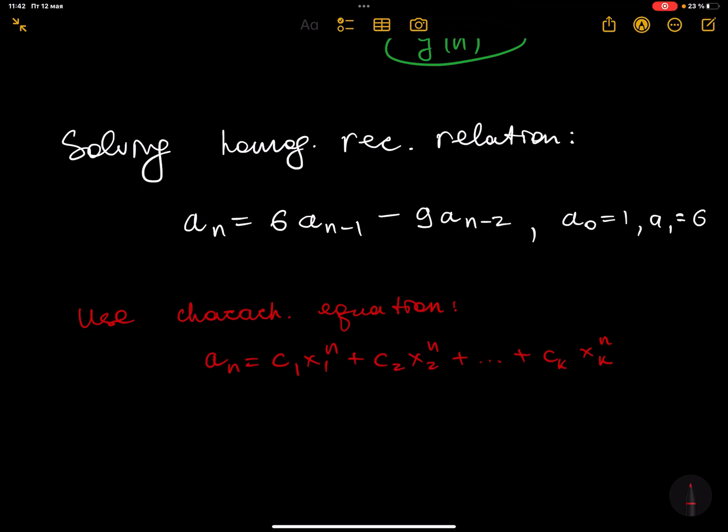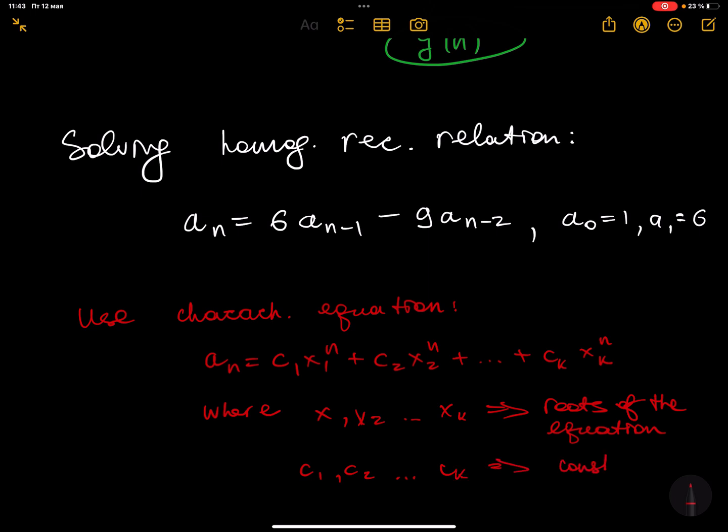So this is your characteristic equation, where, as you may know already, x1, x2, up to xk are roots of the equation, and c1, c2, up to ck are just constants.